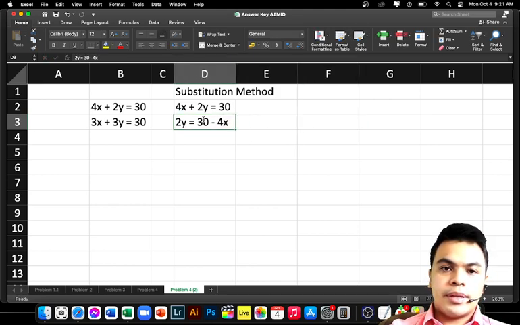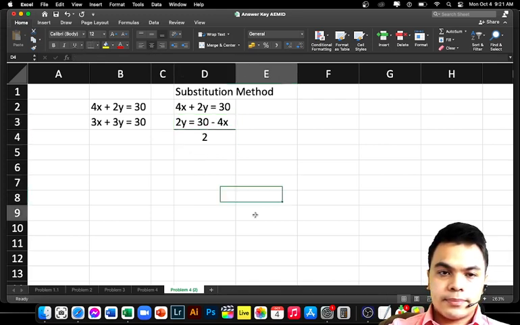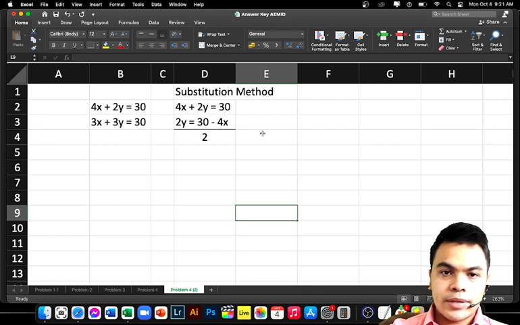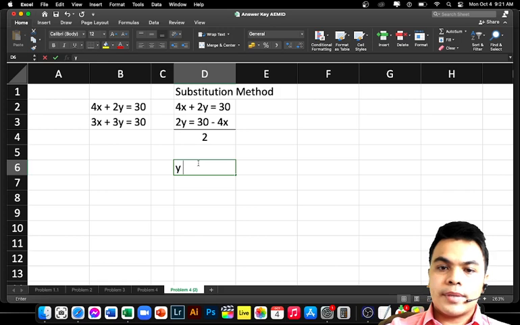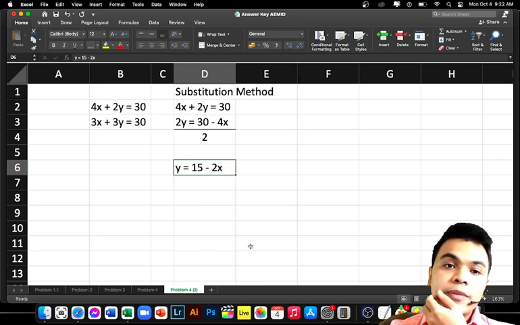Ayan. Let's divide the equation by 2. So, ang value natin for y is, ayan, y is equal to 30 divided by 2, that is 15. And 4 divided by 2 is 2. Ayan. So, y is equal to 15 minus 2x.